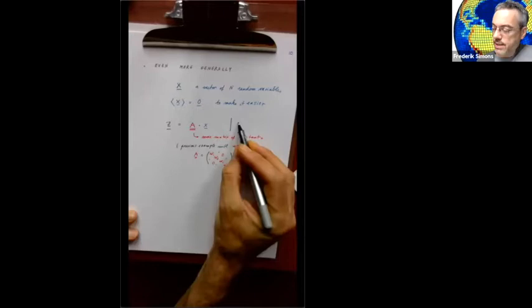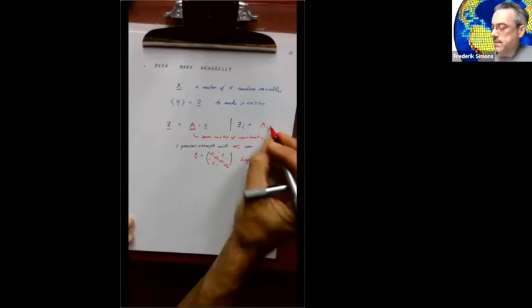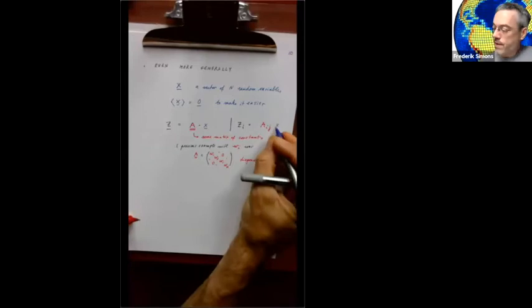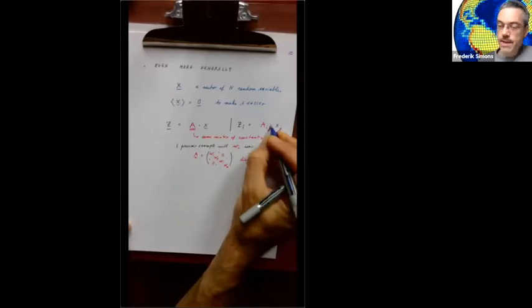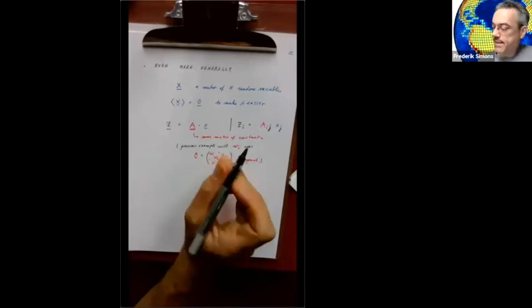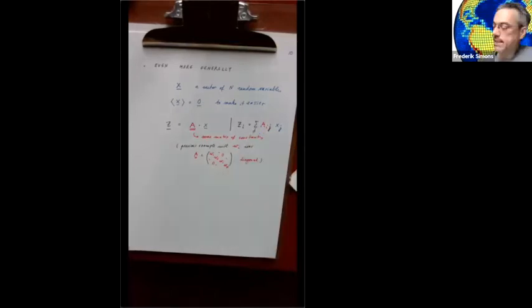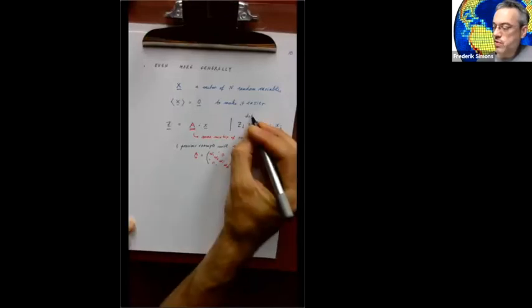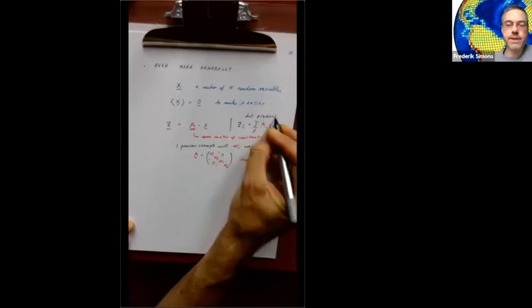I write that the ith entry of the vector z is the result of taking the jth entry of vector x, multiplying by the ith entry of the matrix A, and then summing over the dummy disappearing variable j. That is my definition and notation of the dot product, in this case between a matrix and a vector.